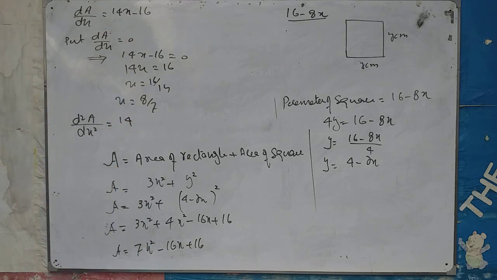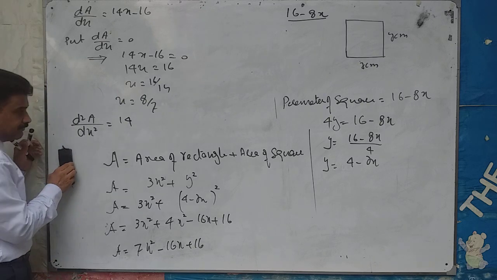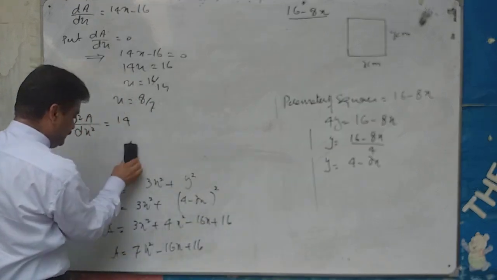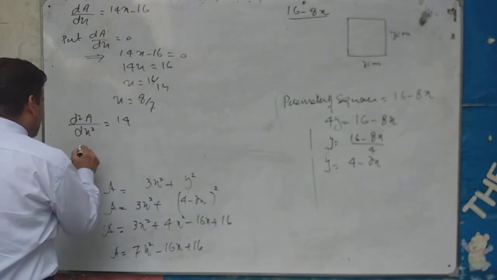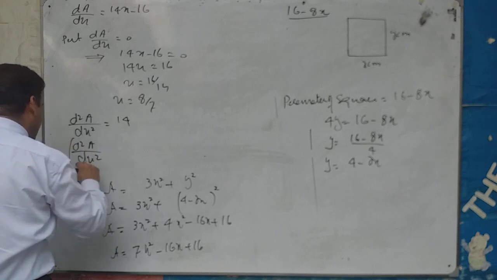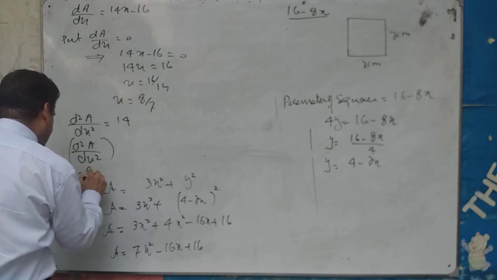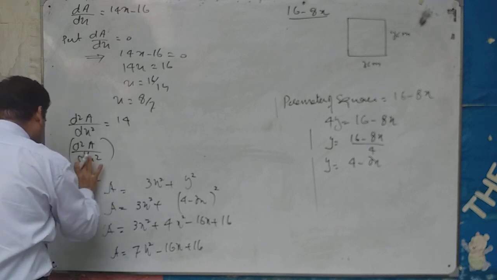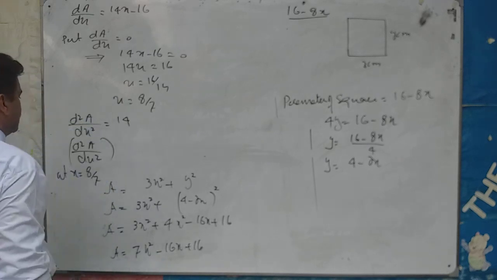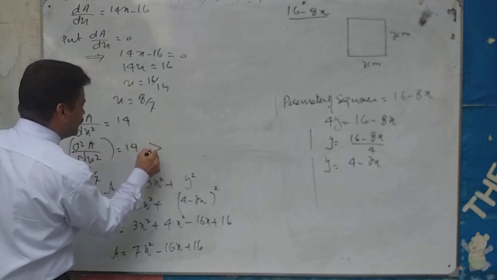We now put the value of x in this second order derivative. d2A by dx square at x is equal to 8 by 7 is 14, which is greater than 0.